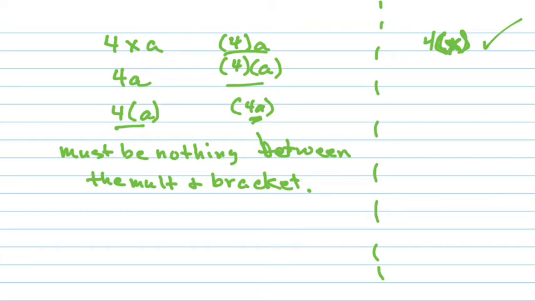Now here we go. How about this one? Does that mean to multiply the 4 times the x? No. Absolutely not. And the reason is right there. It's a plus, not a multiply.